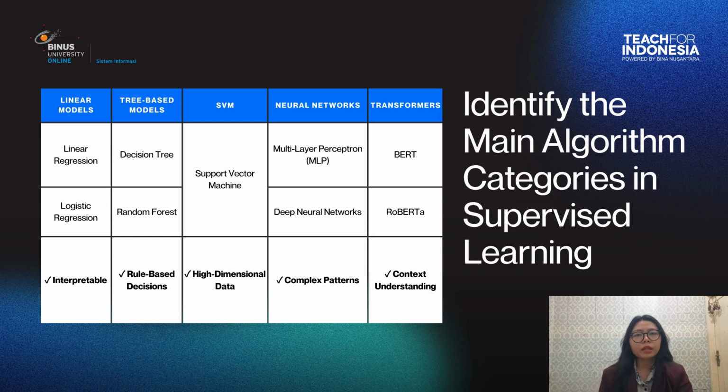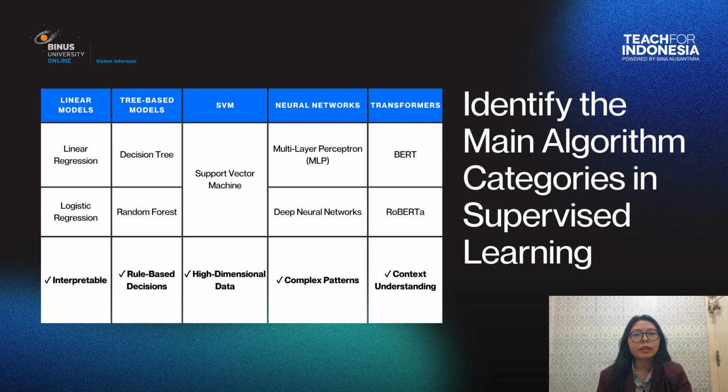The main advantage is interpretability, so we can easily understand how each feature contributes to the predictions. Because of their simplicity, linear models are often used as baseline models and remain widely applied in both industry and research.